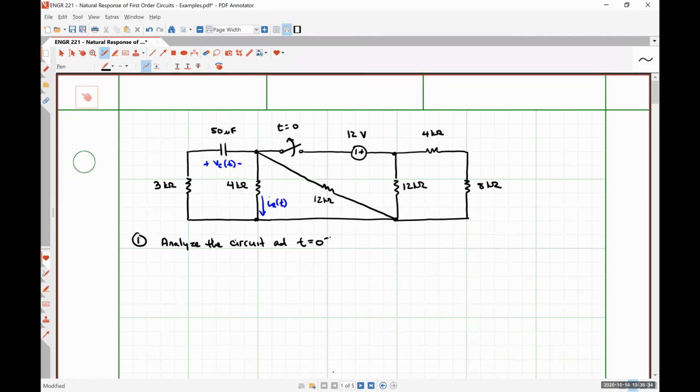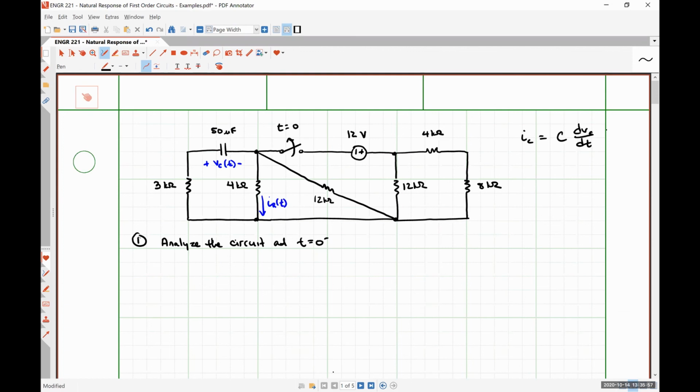So can anybody recall what the DC equivalent of a capacitor is? An open circuit, that's absolutely right. So we know that for a DC circuit, IC is equal to C dV by dt.